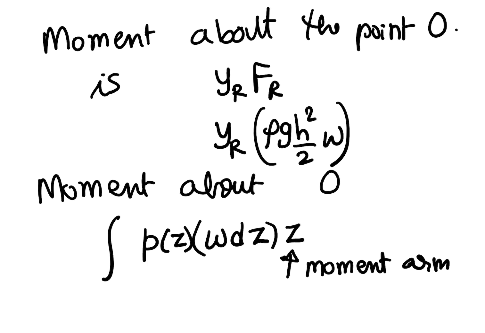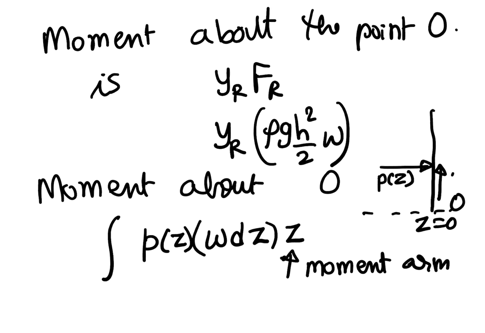Okay, that is if I take this point here, Z equals 0, and I take P of Z to be at an arbitrary height Z, this is the moment arm.